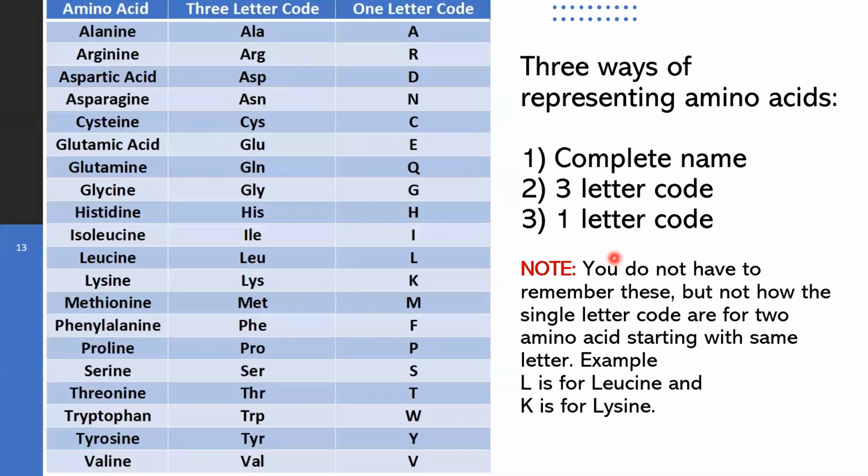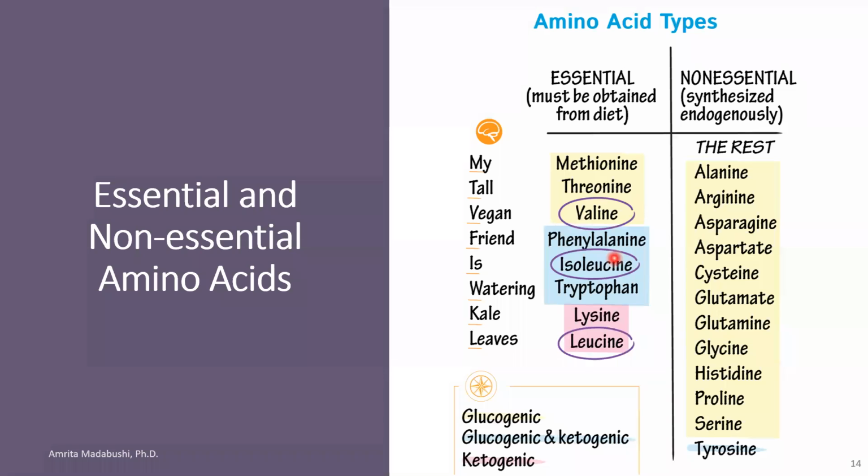Let us take a look at essential and non-essential amino acids now. Essential amino acids are the ones that you have to obtain from the diet because they are never synthesized. So these are the essential ones. There is another fun way to remember, and I didn't make this, someone else did: My tall vegan friend is watering kale leaves, because, you know, diet and vegan.